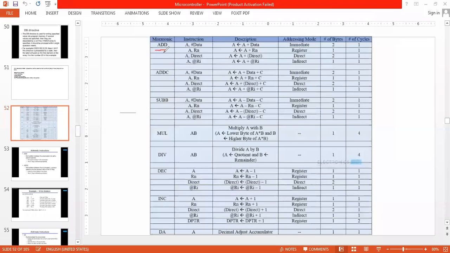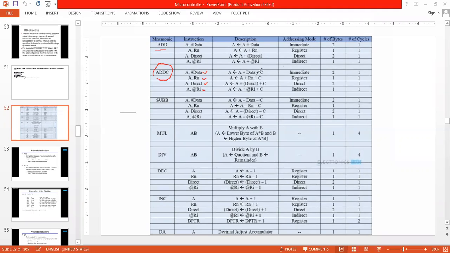Add instruction. In the same way, I have add along with carry, ADDC. Okay, ADDC A comma #data. Data is going to be the immediate data. ADDC A comma Rn. Rn can be R0 to R7, or directly I can write the memory location address here, and then I can go for indirect addressing mode.